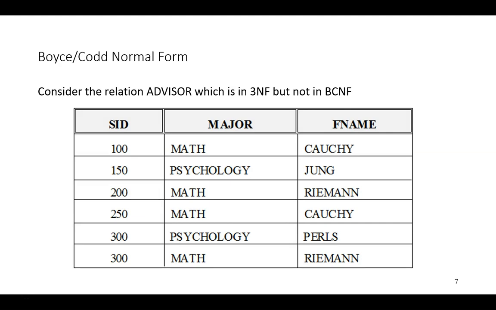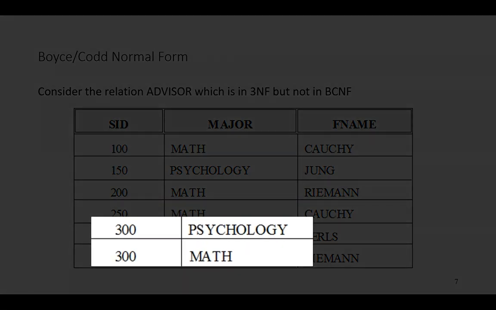Here we see that a student identified using SID can have one or more majors. Notice that student ID 300 majors in psychology, student ID 300 majors in math. So a student ID can have one or more majors.